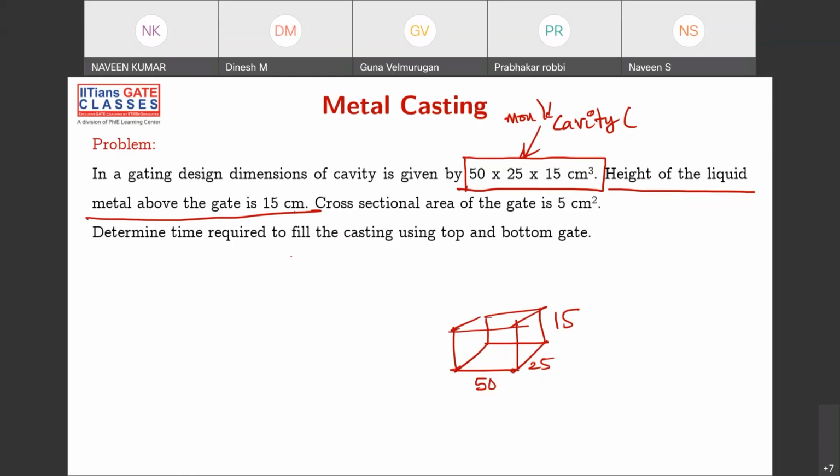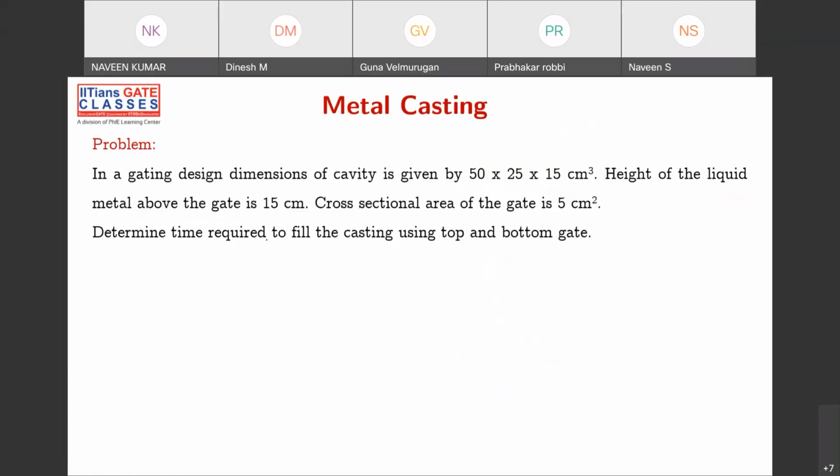Why is it HT? Because if you are considering top gating, the liquid metal starts at this point, and from here the liquid metal is coming, right? So this is 15. If you consider bottom gate, the liquid metal also starts here, so obviously this will be 15. So in any case, what is given in the question is HT.